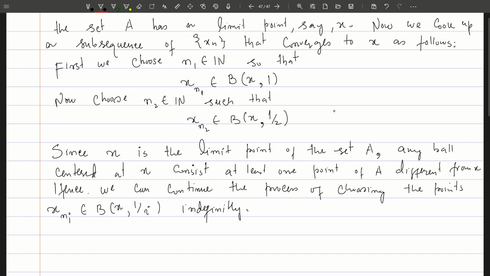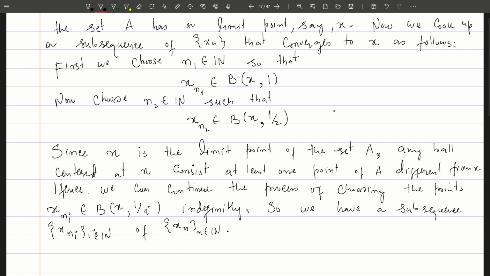So we have a subsequence x n_i, where i is a natural number, of xn. Since we can continue this process indefinitely, this means any ball centered at x consists of at least one point of the subsequence. That means this subsequence converges to the point x.